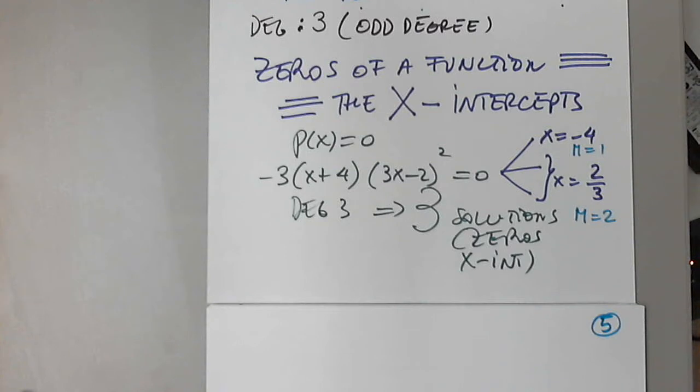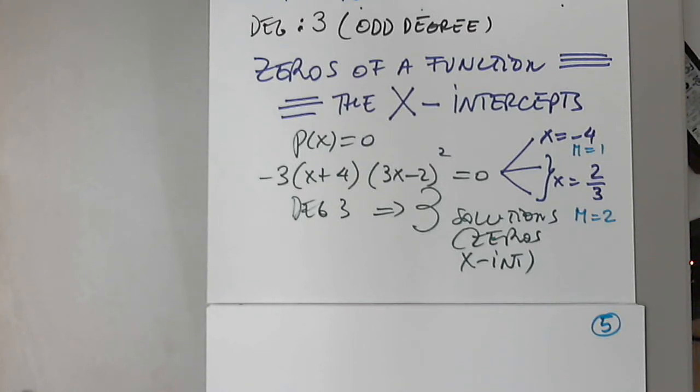It does this. So it crosses at 0, but not straight, but very slowly. It takes its time. Why? Because there are 3 solutions, x equals 0. Multiplicity 3.